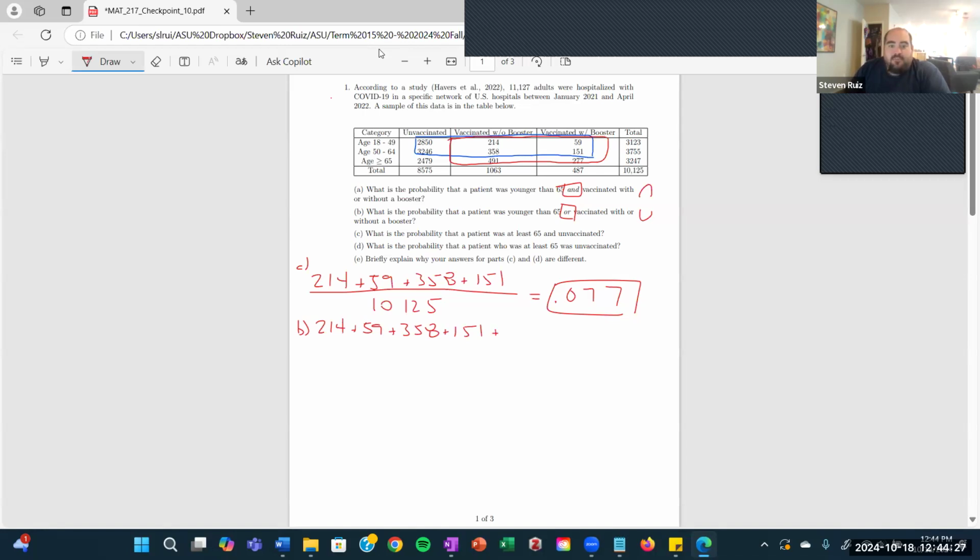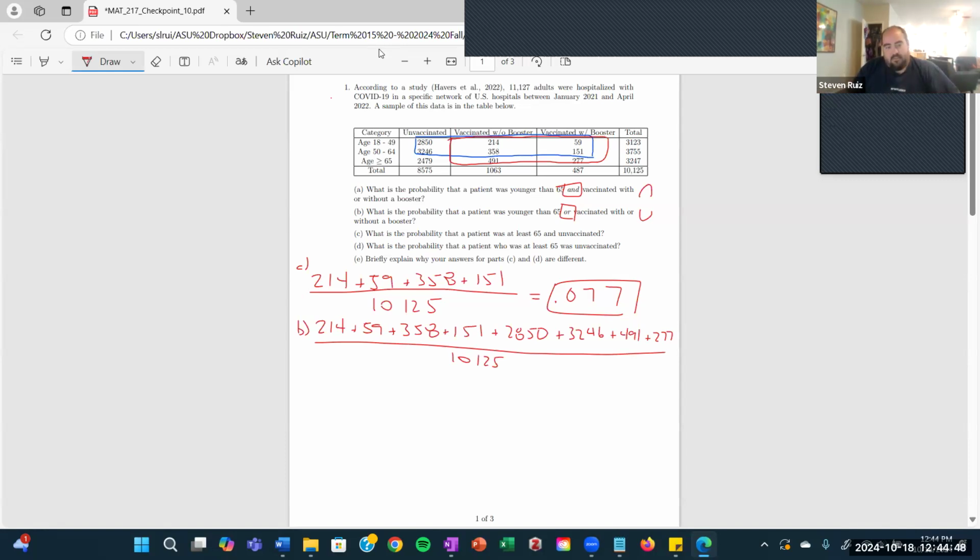So now what's left? Plus 2,850 plus 3,246 plus 491 plus 277. And the sample space is still the same here.